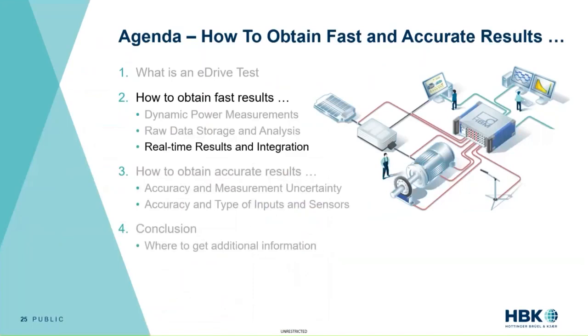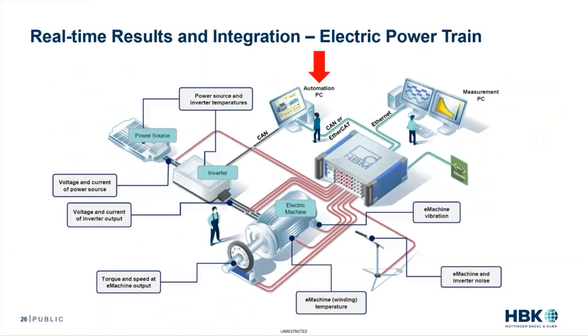Now let's talk about real-time results and integration with your control or dyno. So a standard readout after making power measurements may be sufficient for some users. However, engineers need more information, and maybe you need to visualize the data, maybe perform custom calculations or generate results in real time, and often perform many numerous analysis functions, including efficiency maps and so on.